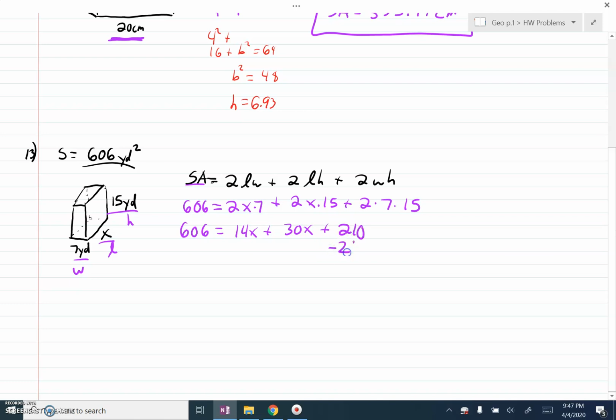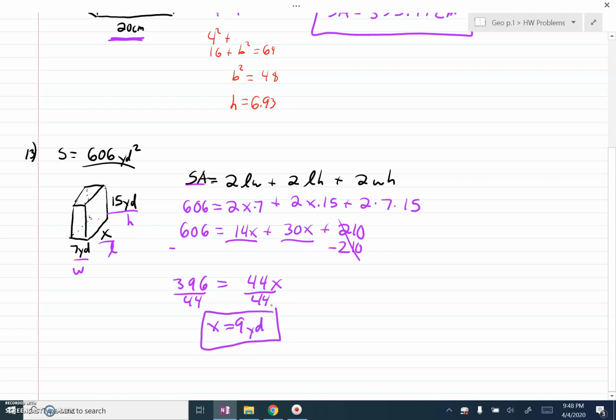You then subtract the 210 to get to the other side. I use my calculator again so I don't mess up my math, but I get 396 equals, and these are like terms, so you can combine those to give you 44x. Divide by the number in front of the x, good old algebra again, and I get a nice even number, x equals 9. So the missing side would be 9 yards.